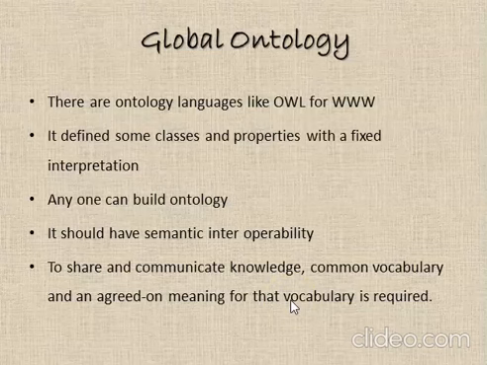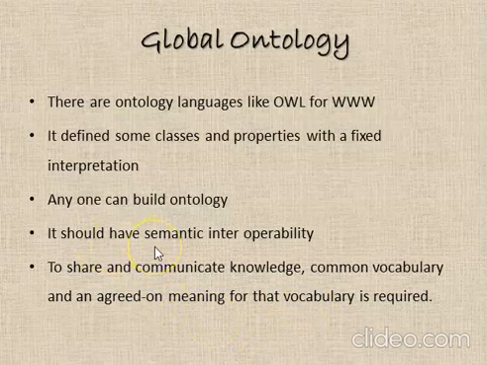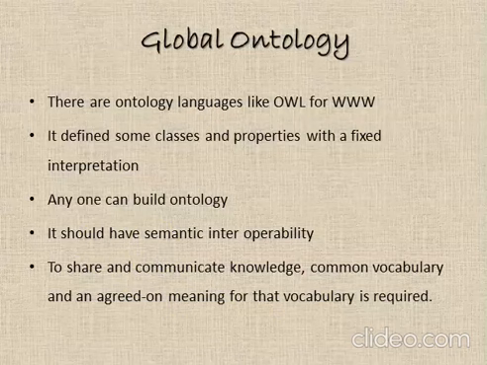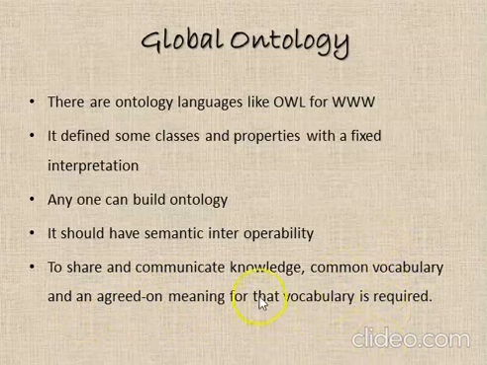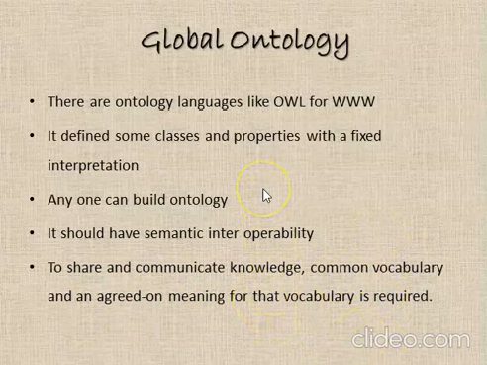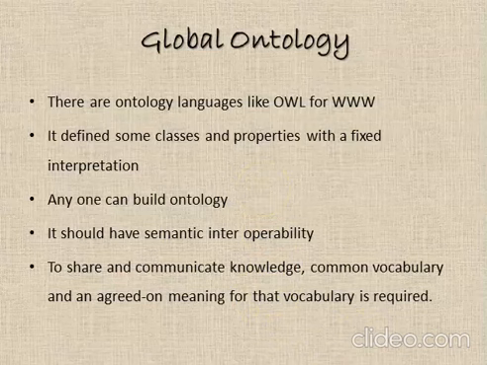Anybody can build an ontology, but it should have semantic interoperability. If there are many ontologies, they should be comparable or interoperable. To share and communicate knowledge, a common vocabulary and agreed-on meaning for that vocabulary is required. That means we should have a standard for assigning meaning to an object.